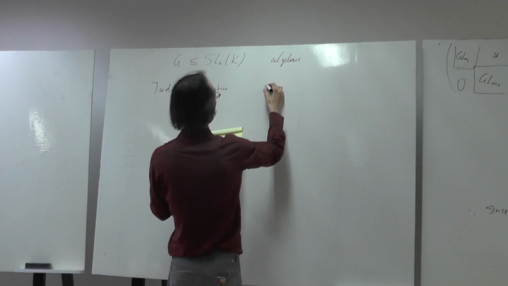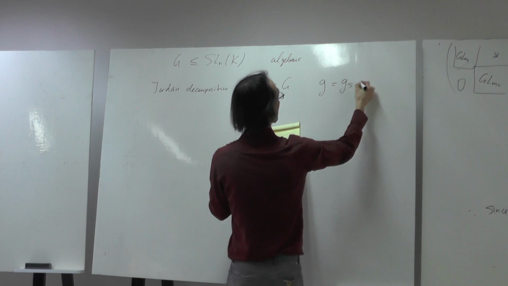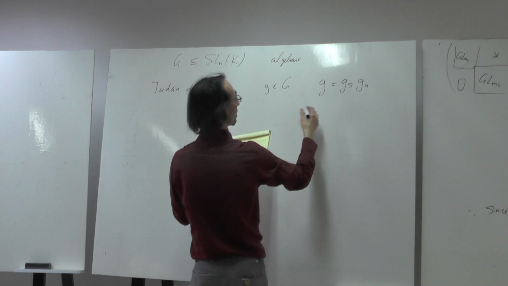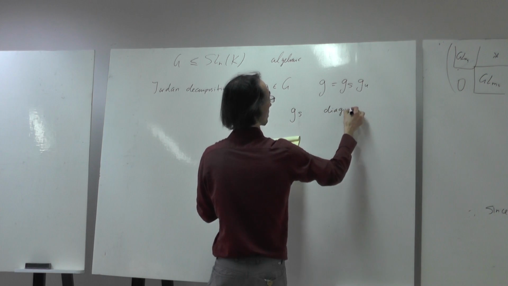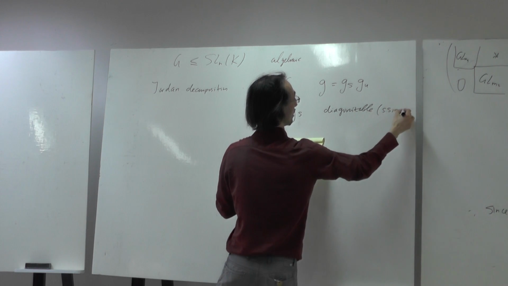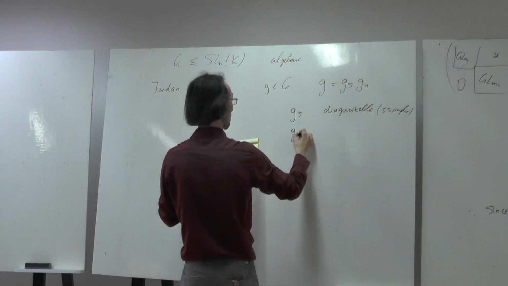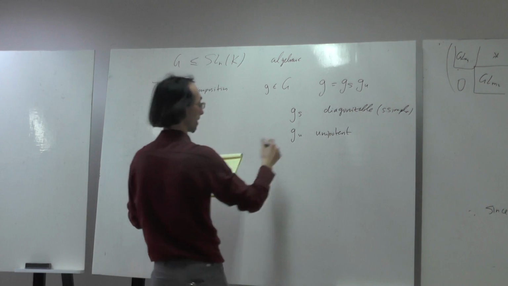Where each g in G can be written in a unique way as a semi-simple times a unipotent element, where g_s is diagonalizable, also called semi-simple, and g_u is unipotent. Okay? And they commute.